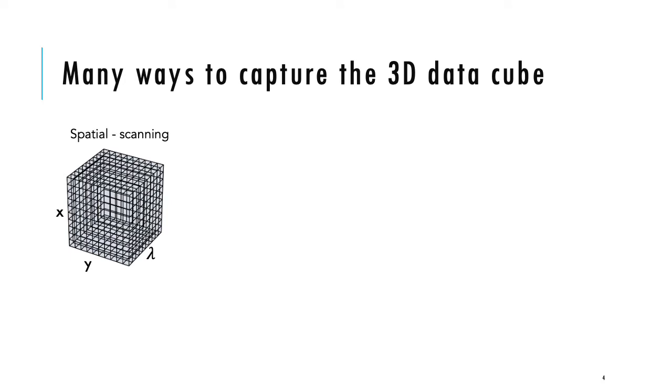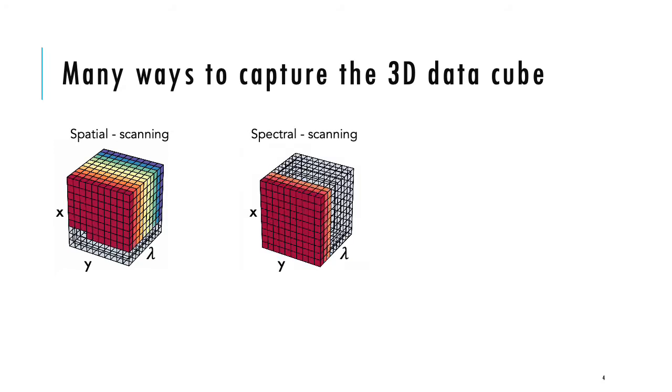There are many ways to capture this 3D spatiospectral data cube. Here we have x and y as the spatial axes and lambda along wavelength. One commonly used method is point scanning in x and y by attaching a spectrometer to a confocal microscope. Another method is scanning along wavelength by using a filter wheel with a wide field fluorescence microscope.